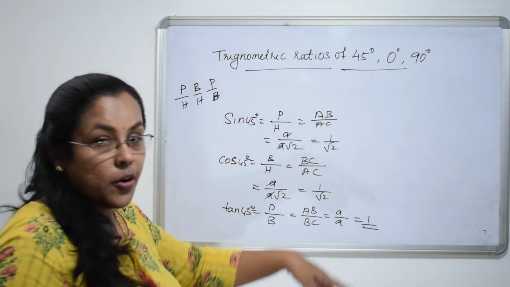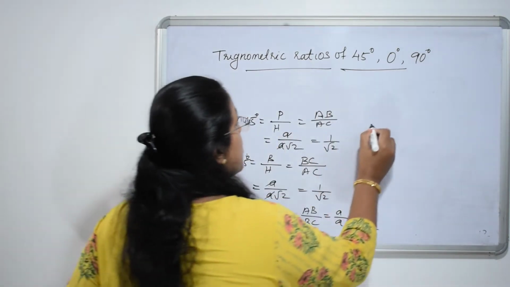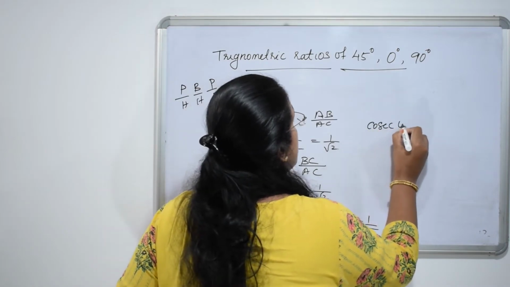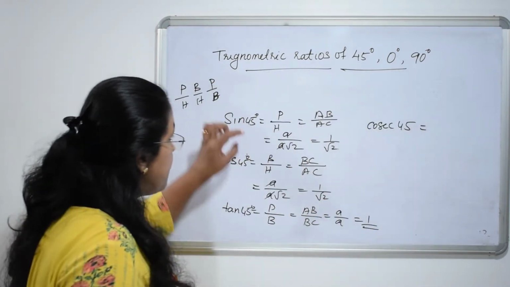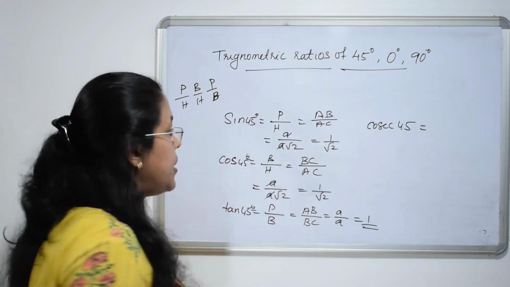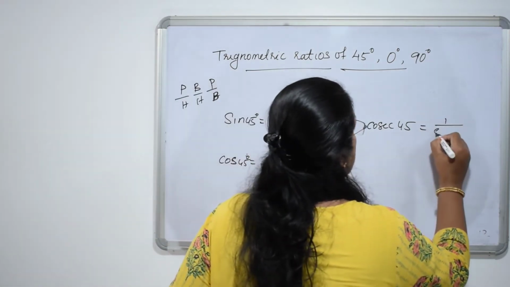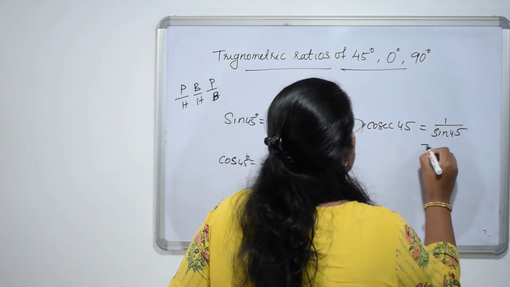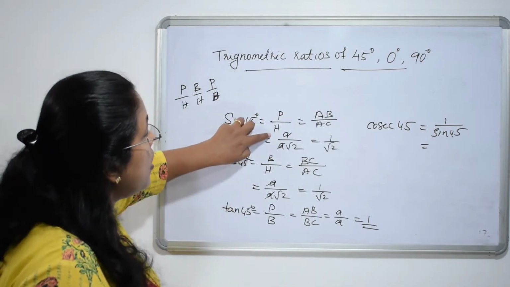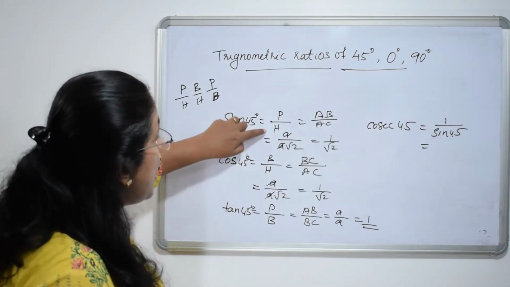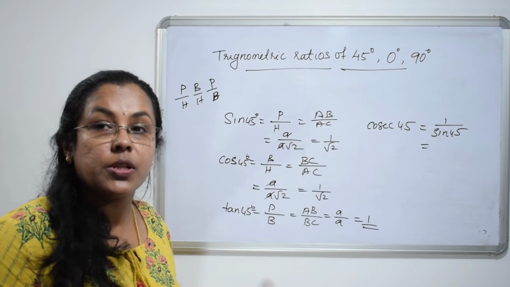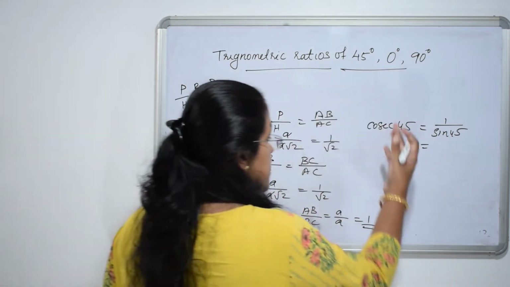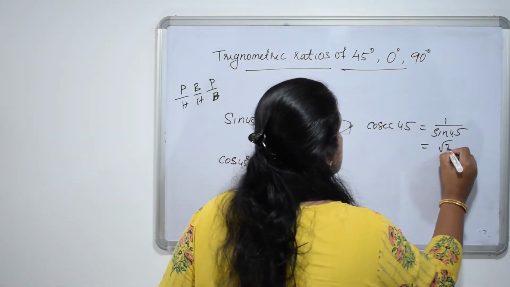What is cosec 45? I am going to write the reciprocals. Cosec 45 is the reciprocal of sine 45, that means 1 by sine 45, or hypotenuse by perpendicular, both are the same. So what is the reciprocal of 1 by root 2?